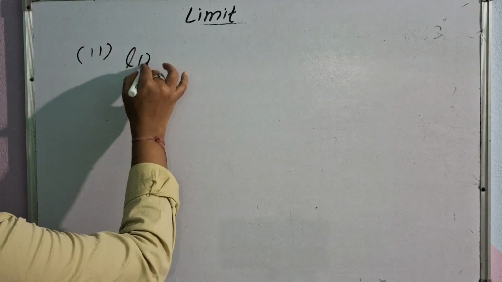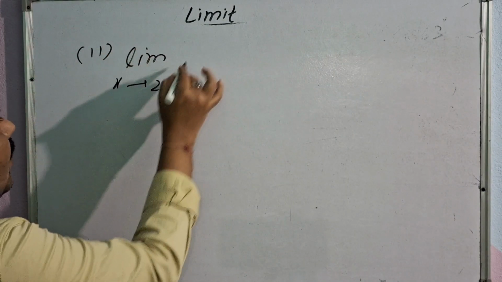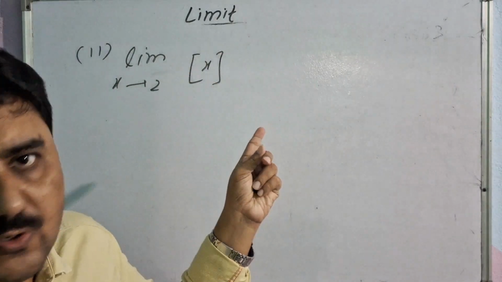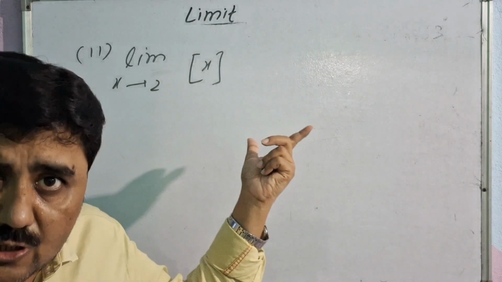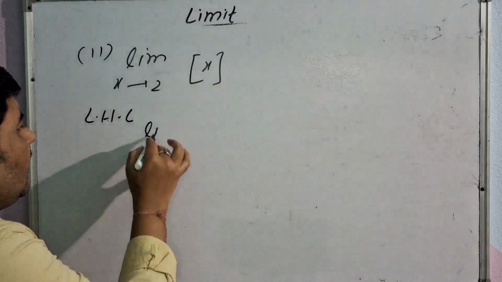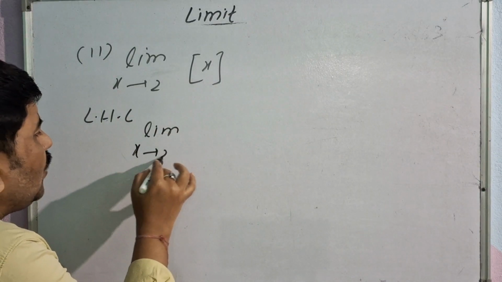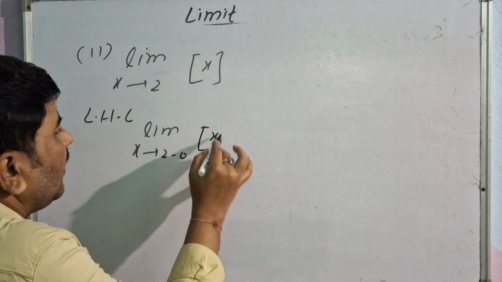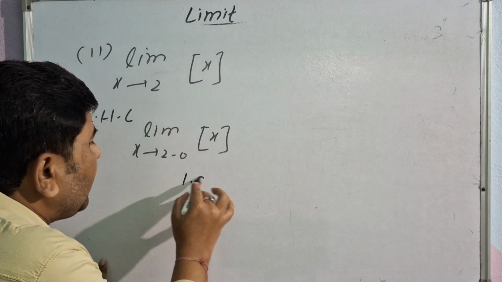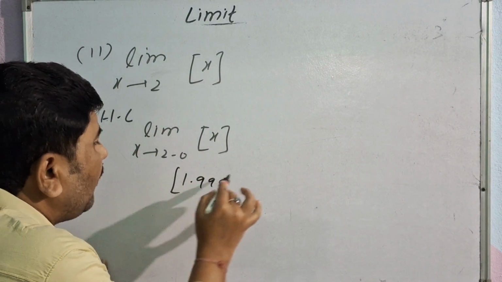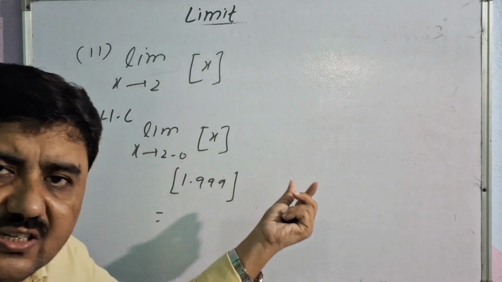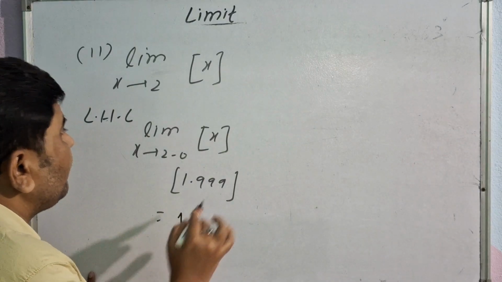Limit x tends to 2 of [x]. This box x means greatest integer of x. Everyone knows the property of the greatest integer of x. LHL, left hand limit, x tends to 2 minus 0 of f(x), that is greatest integer of x. 2 minus 0 means 1.99999 in the box. It is a fractional part and an integral part. The fractional part will vanish and the value is 1.